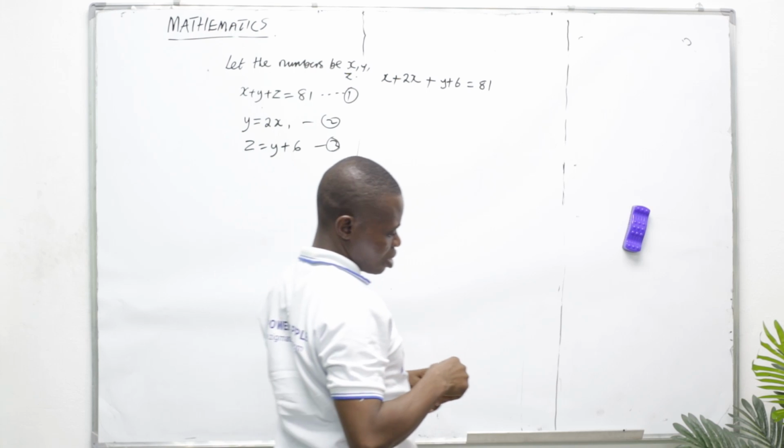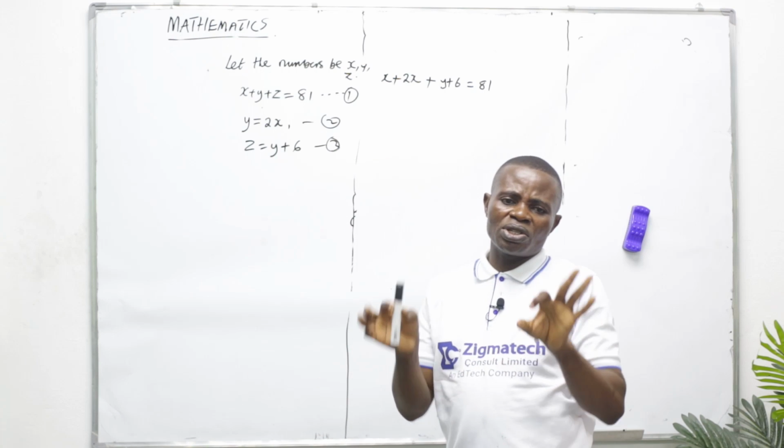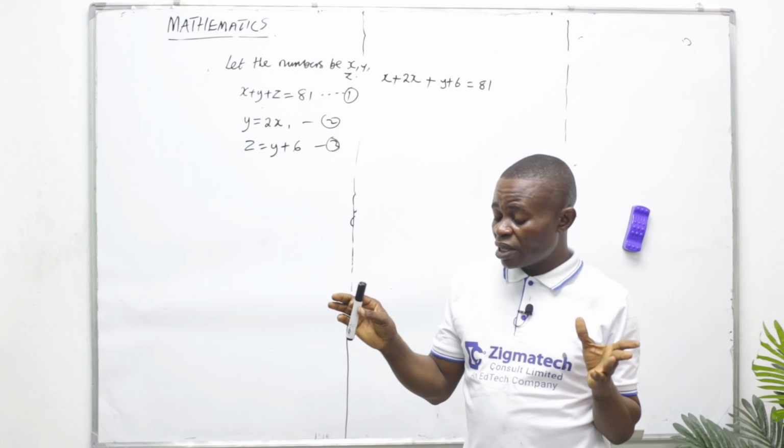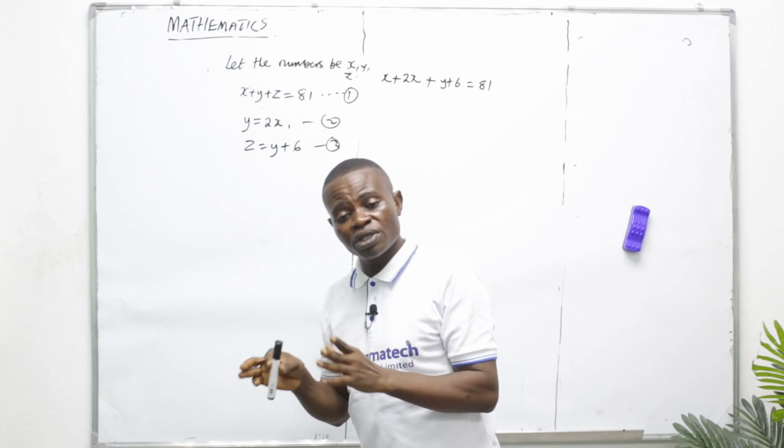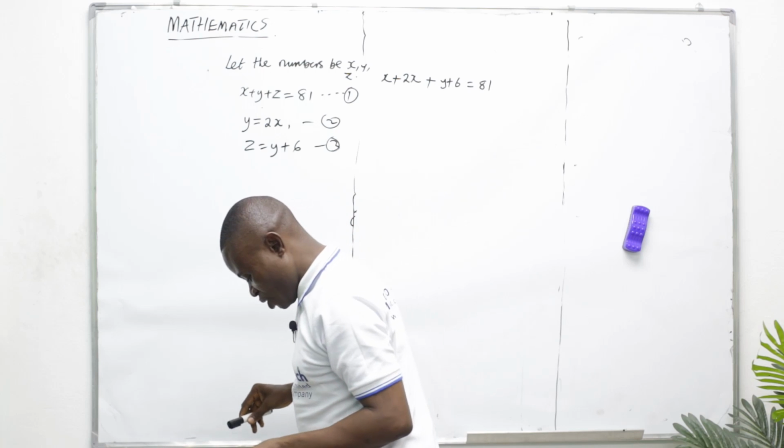You can see a wonderful question. We are still seeing two unknowns in just a linear equation. Two unknowns is meant for what? Simultaneous. But let's see actually what you have in mind.